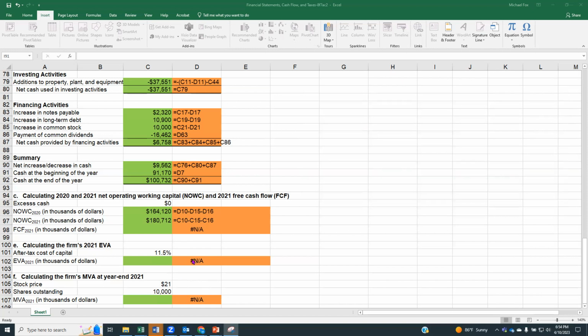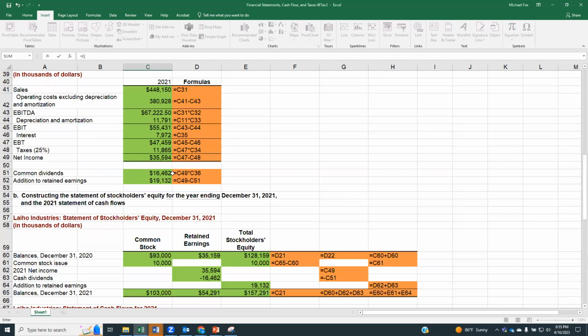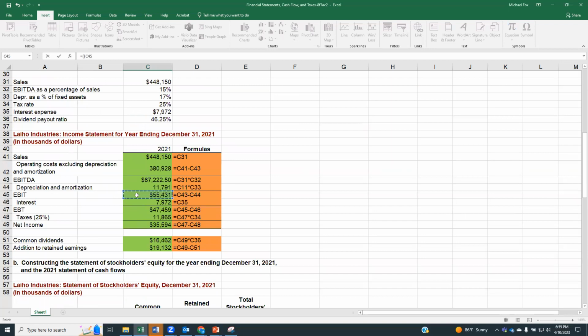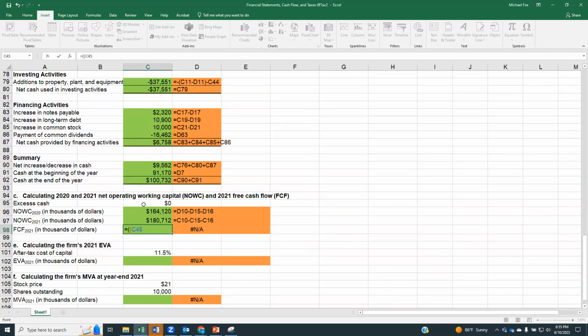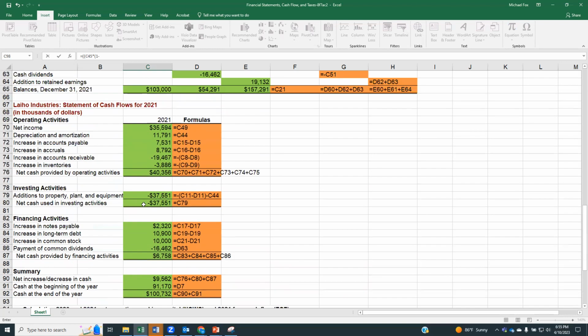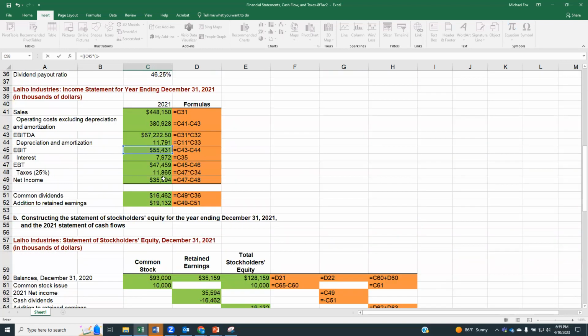So I'm going to come here to free cash flow and say this equals, and I'm going to actually put two parentheses. And then I'm going to scroll up and click on my EBIT, which I figured out right here in my income statement. And I'm going to put times, put another parenthesis, 1 minus, and then I'm going to go up and click on my tax rate.